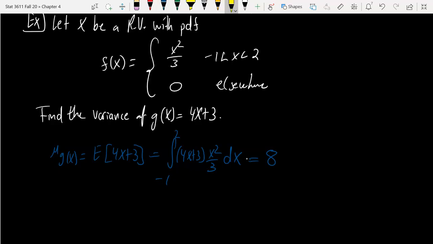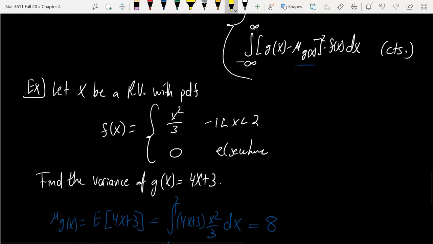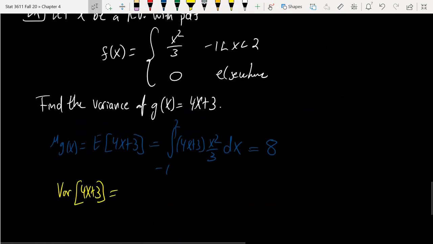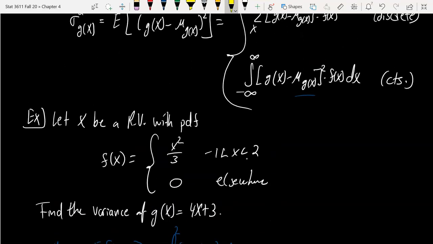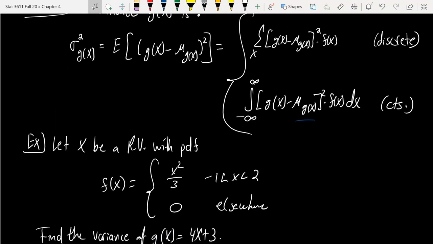So the variance of 4x plus 3 is equal to, according to this definition, the expected value. Don't go right into the integral here, though, okay? If I look at the formula, the mean shows up here and here. Start with the expected value because you can simplify what's in it.